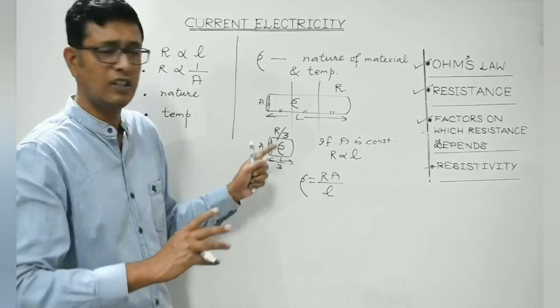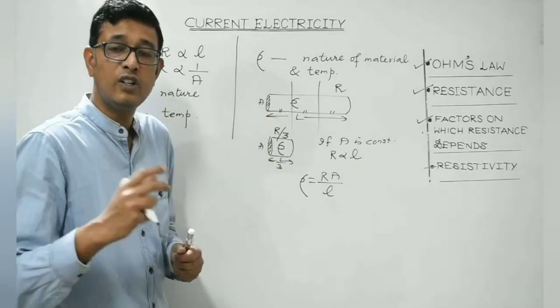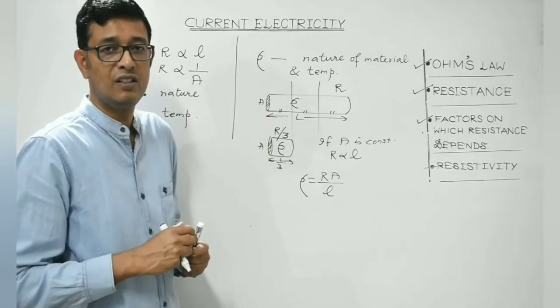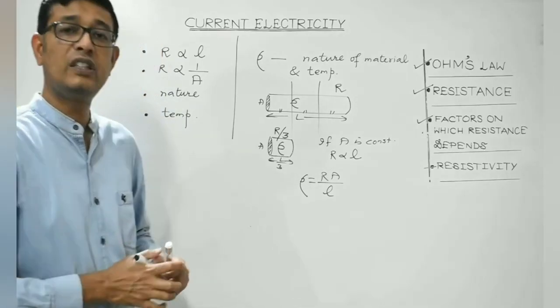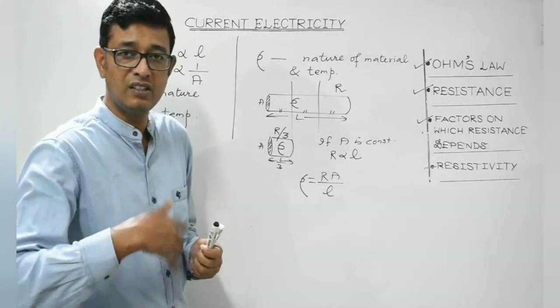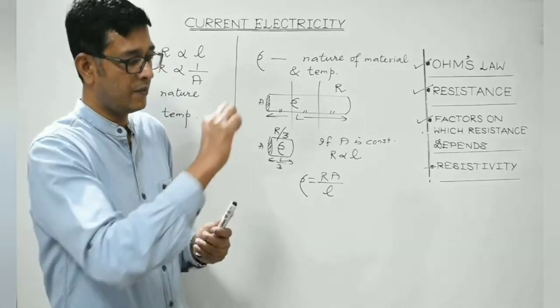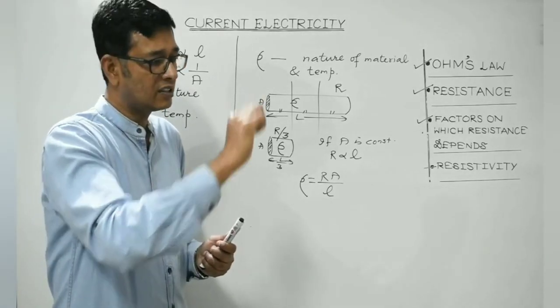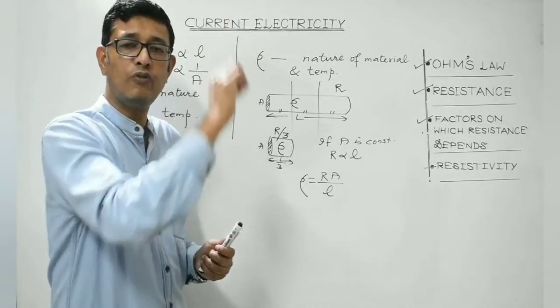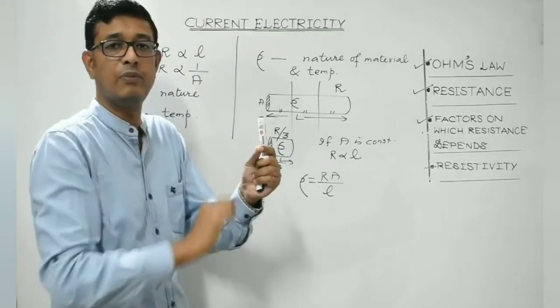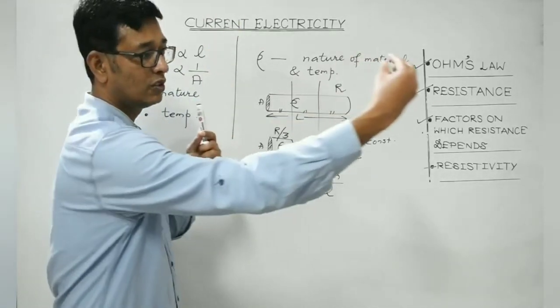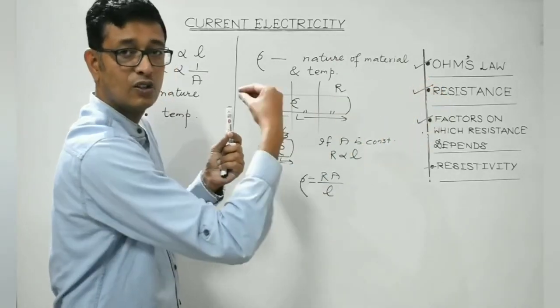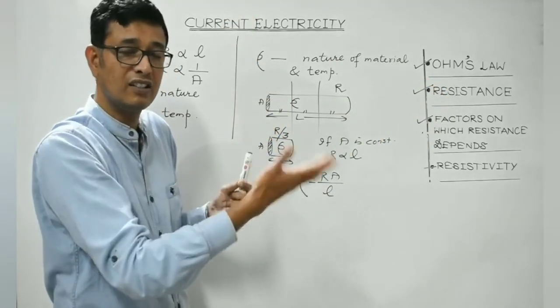And obviously, we'll discuss it in the next lecture. It also depends upon the temperature. Now look students, with the increase in the temperature, the positive ions start vibrating more vigorously and with greater amplitude. So the probability of electrons colliding with the positive ions increases.